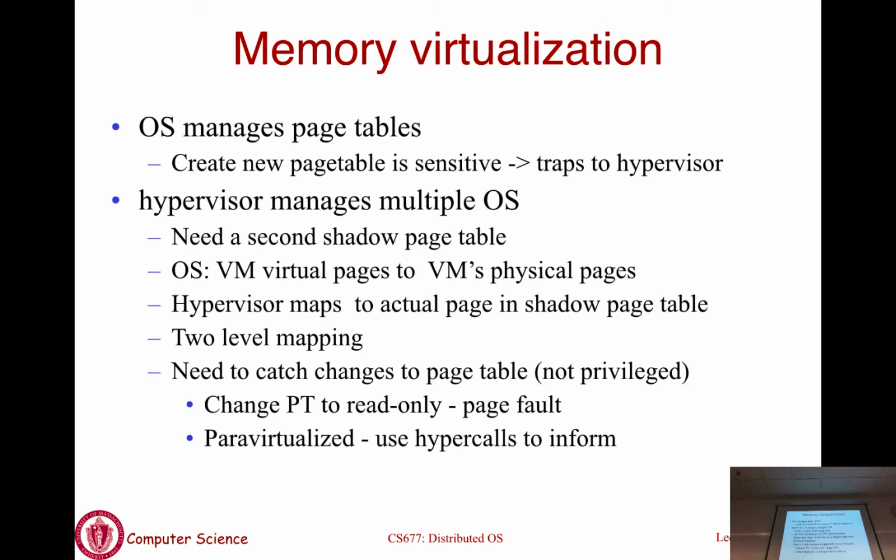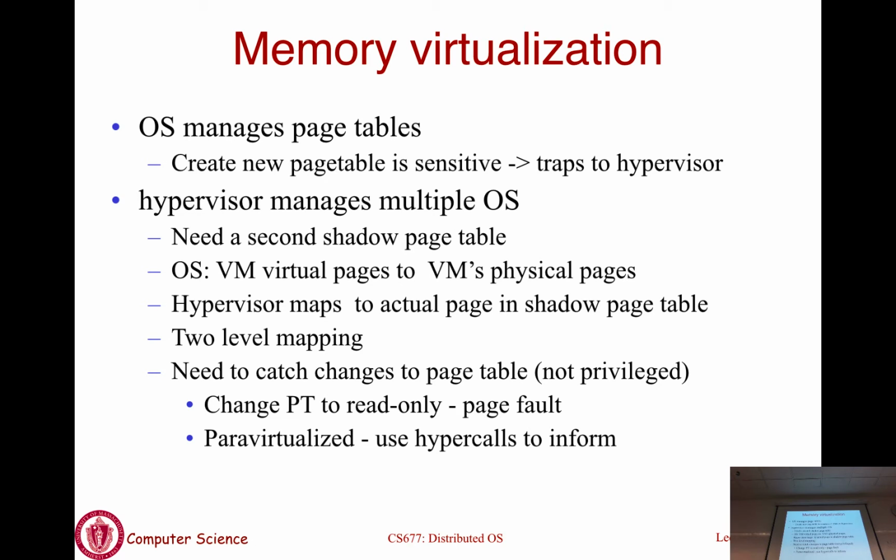The OS has a copy of the page table which is referred to as shadow page tables. So the OS has a page table which is merely a copy of the real page table. It's a shadow of the actual page table which is in the hypervisor. Whenever you try to modify it, you trap into the hypervisor, it makes the change, and then the shadow page table sees those modifications.